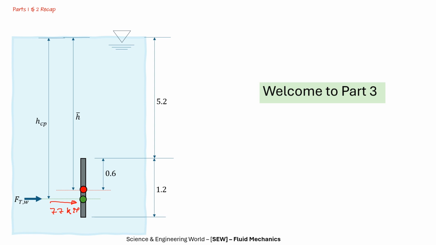And then the driver was trying to escape in the car with 1 kilonewton. Here we were able to conclude that there is no way the driver can escape on his own with this effort of 1 kilonewton against 77 kilonewton.